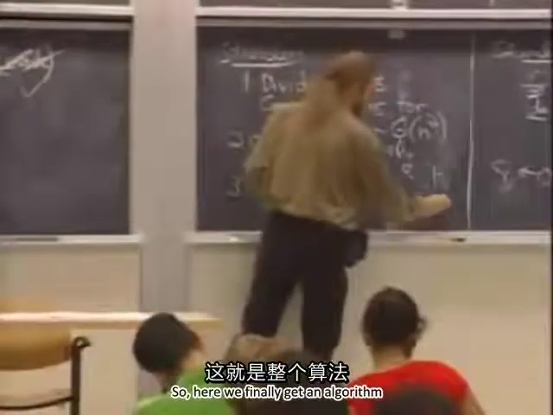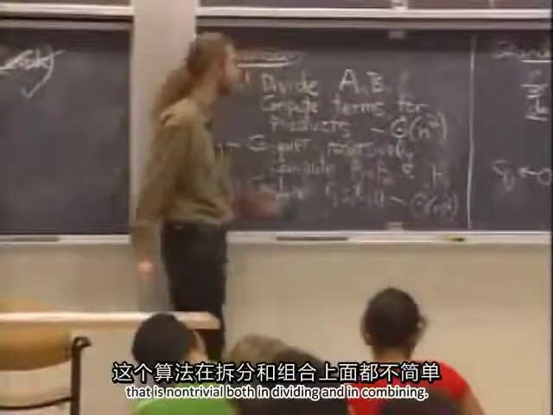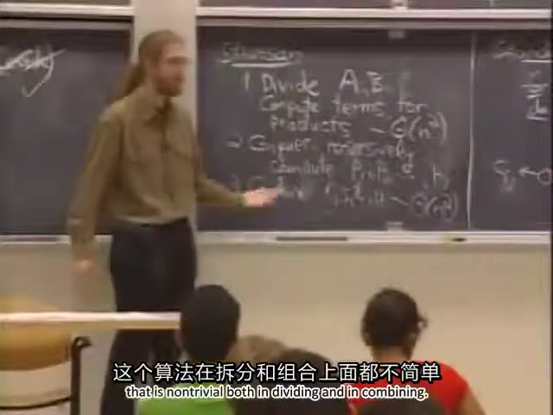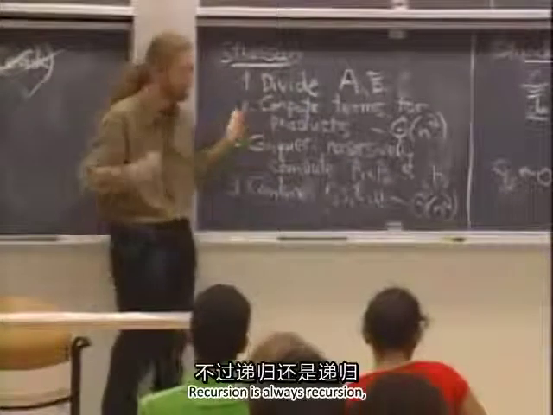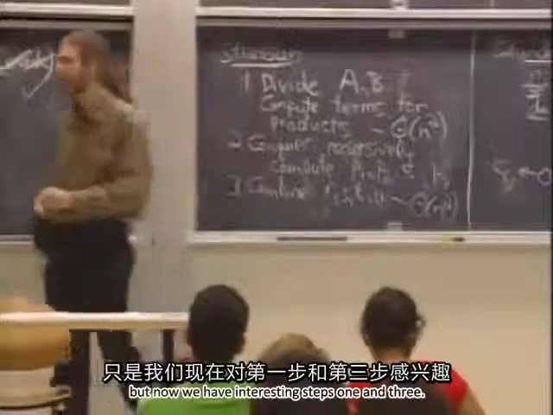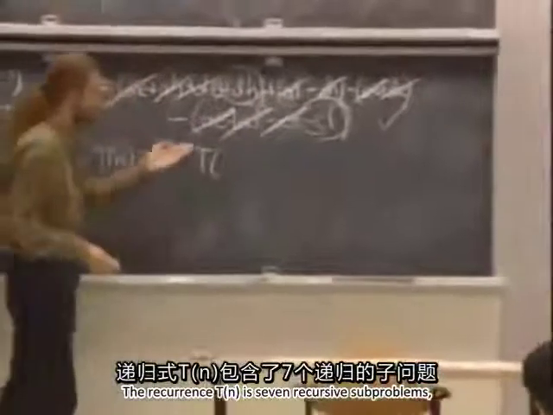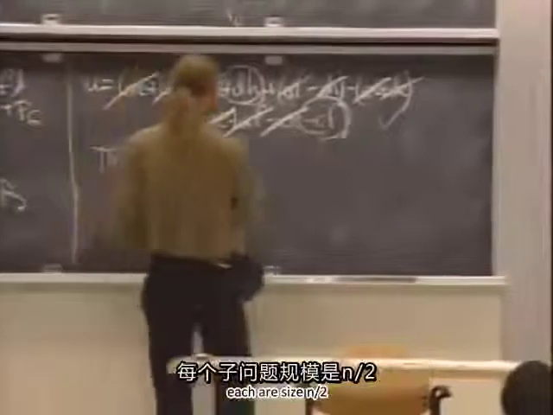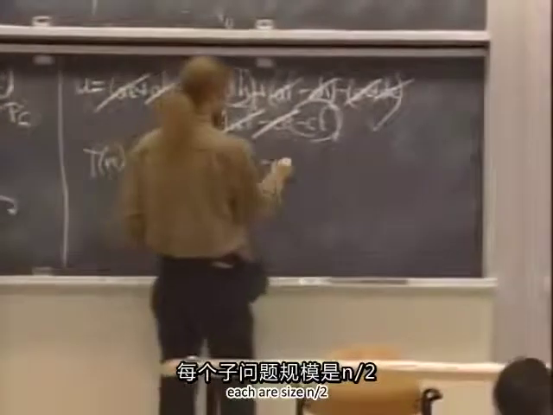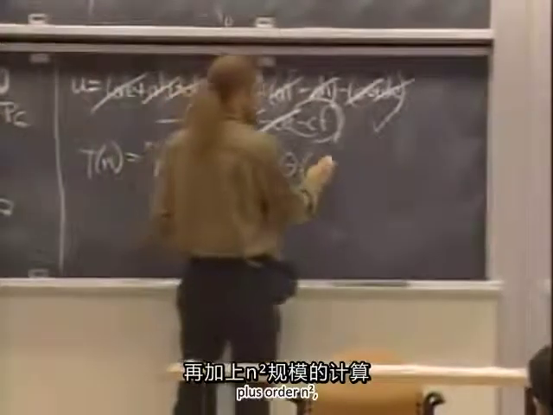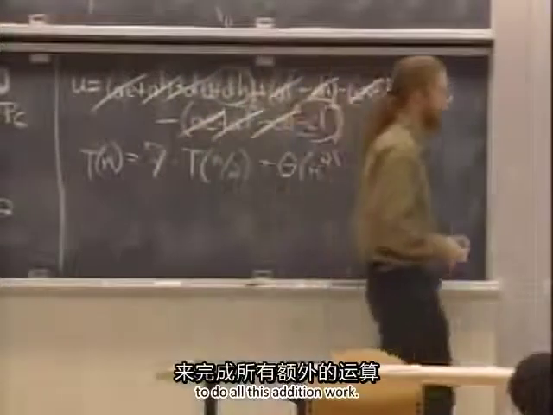So here we finally get an algorithm that is non-trivial both in dividing and in combining. Recursion is always recursion, but now we have interesting steps 1 and 3. So the recurrence is T of n is 7 recursive subproblems, each of size n over 2, plus order n squared to do all this addition work.